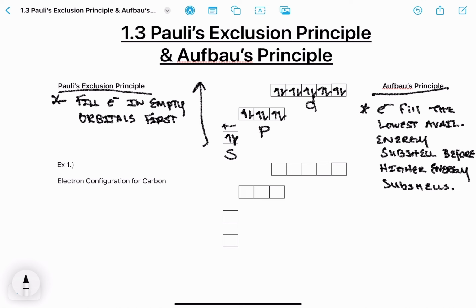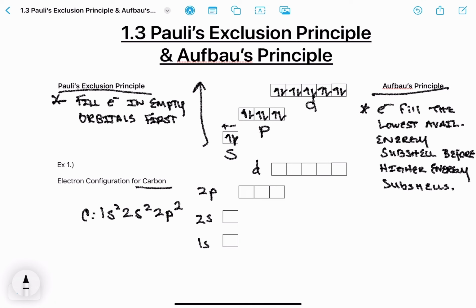And so what we're looking at now, let's look at an example, and that's carbon. So carbon, a review from general chemistry, which we won't go into, has the electron configuration of 1s2, 2s2, 2p2. So this is 1s, this is 2s, this is 2p, and then this is the D subshell, right?